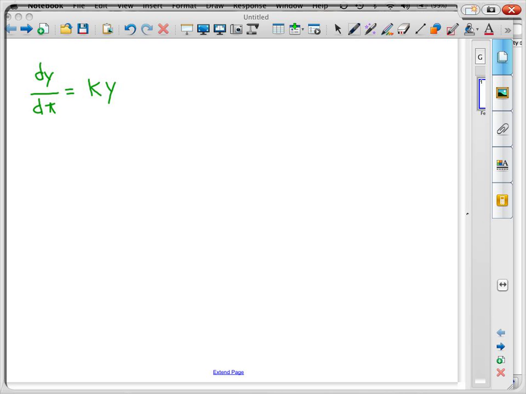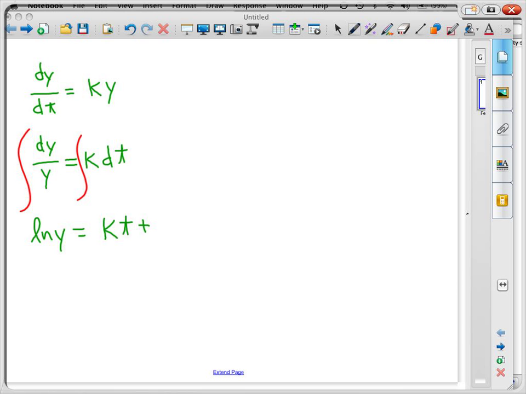So doing the separation of variables gives me that dy over y is equal to k dt. So now, because I've separated the variables, I can do my integration, at which point I would get ln of y on the left side, and I would get kt plus c on the right side.